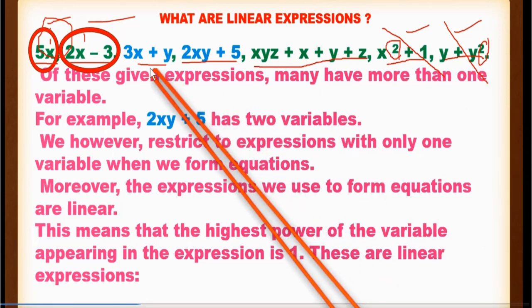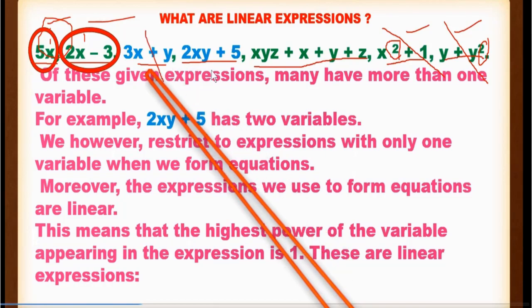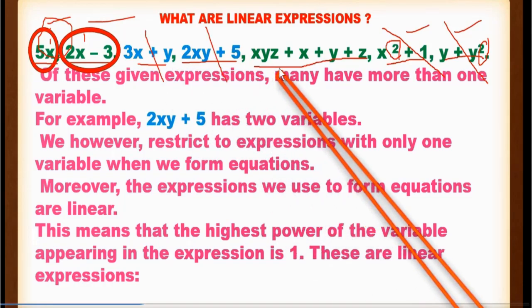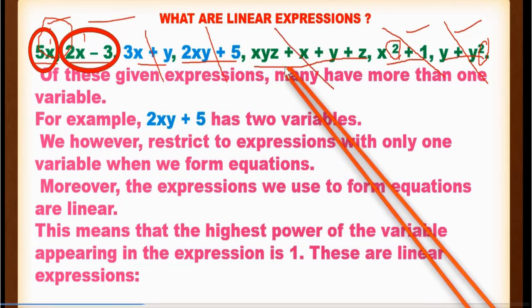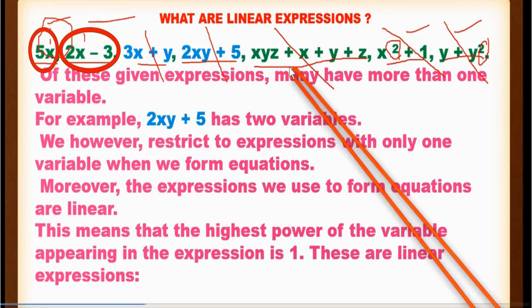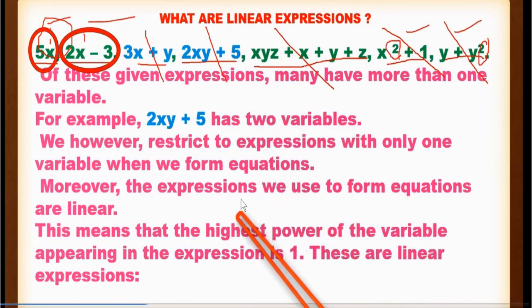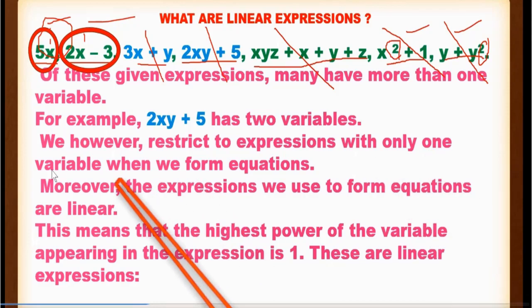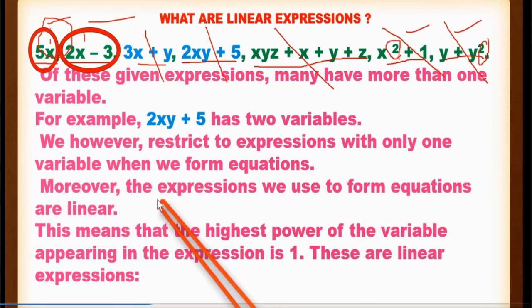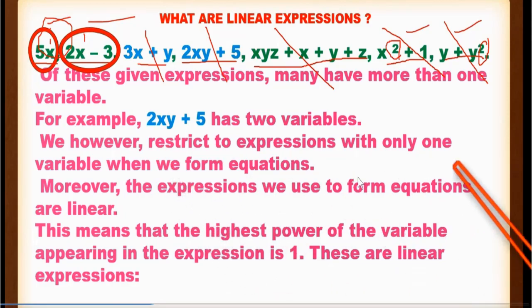We are also not going to take 3x plus y, 2xy plus 5 and xyz plus x plus y plus z, because they are not expressions in one variable. So, in this chapter, we are going to talk of linear equations in one variable.